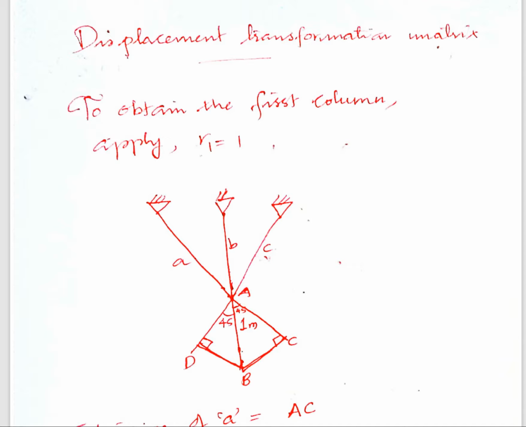For that, let's extend the joint A to joint B. So this point AB is having a distance 1 meter. Here in the vertical direction we first have to apply r1 is equal to 1.